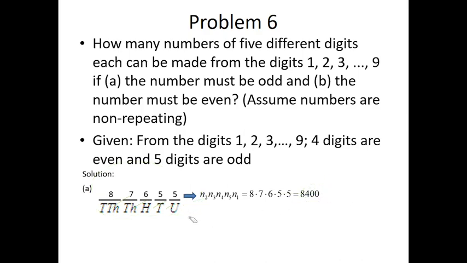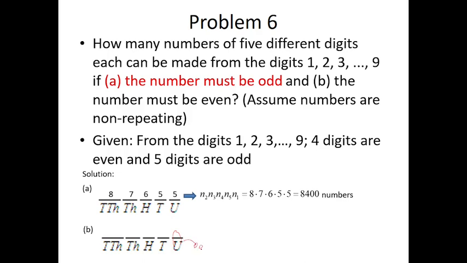So, that's it. No? For letter B, the number must be even. Okay? Assume numbers are non-repeating. So, that's the assumption. So, in other words, we are only allowed to place a number at the last digit to be an even number.